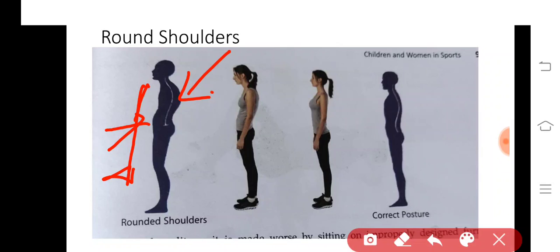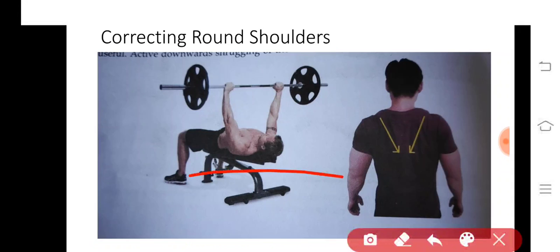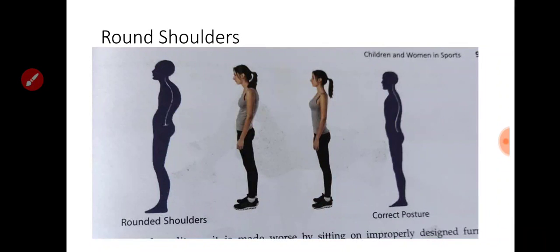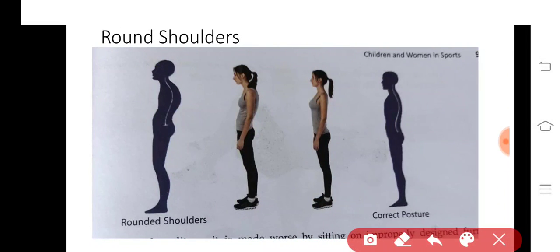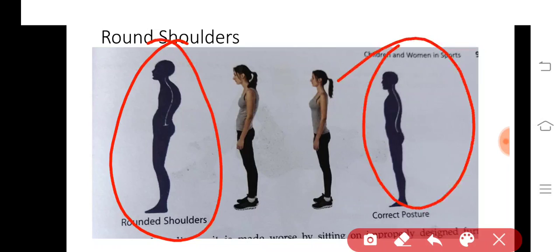But in comparison with the correct posture, this is the round shoulder and this is the correct posture. So in this you can see that no humps are here. Here humps are there but no humps are here. Here the stomach is a bit up but here it is in the same line.